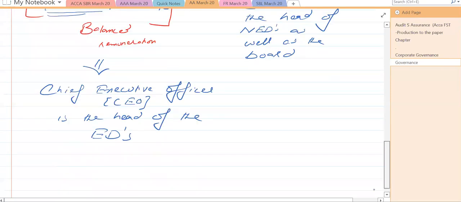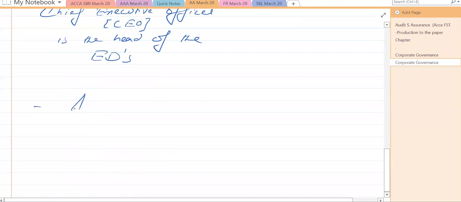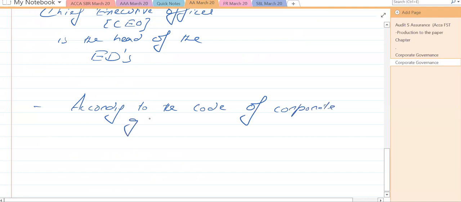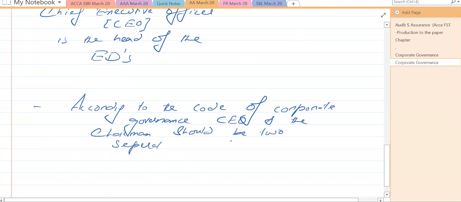So, an important thing: according to the code of corporate governance, the CEO and the chairman should be two separate persons.